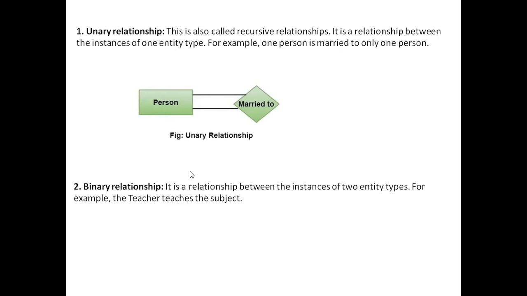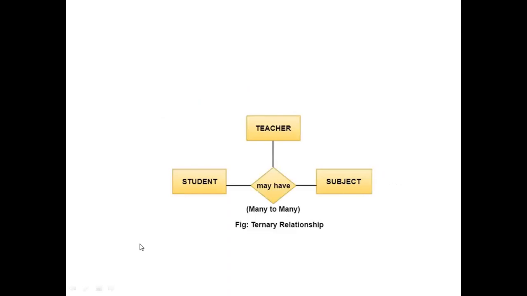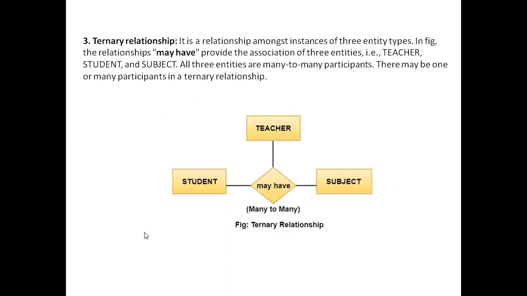Binary relationship. This happens between two different types of entities, like teacher teaches subjects. And next one is the ternary relationship. A ternary relationship may have many to many relations, which means many entities can be related to many entities.